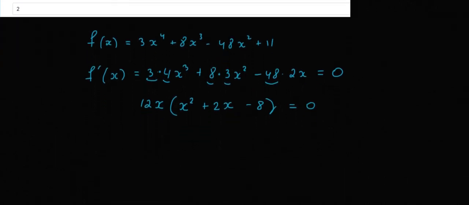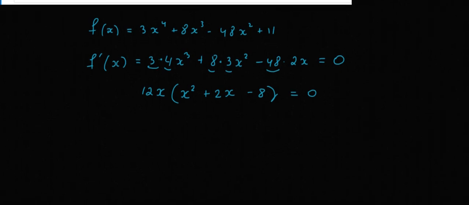Okay, let's see if we can factor this quadratic term further. It's fairly easy to see that x squared plus 2x minus 8 factors as x plus 4 times x minus 2.